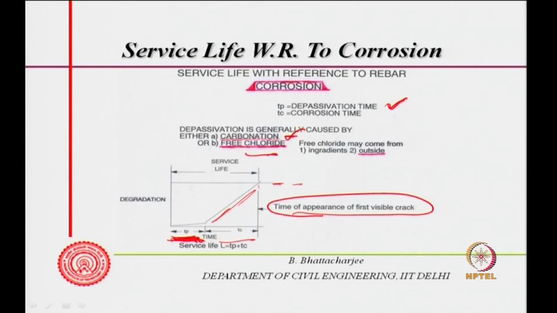Corrosion results in cracking, which we will see later on how it does. So, when the first visible crack has appeared, that is the serviceability limit. This time we call the corrosion time, and the total service life of the element is T p plus T c.